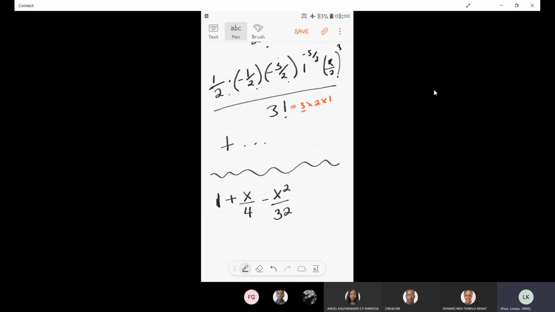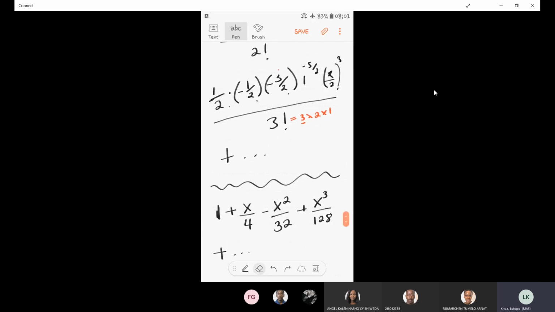Okay, so this is positive x to the power of 3 over 2 to the power of 7. I got 128. Okay, and then it continues in the same way. Okay, but you can just do that on your calculator. Type this in, this times that, and then you know that this is a half cubed, right? And then divide it by 3 factorial. You'll see that that is what you get.